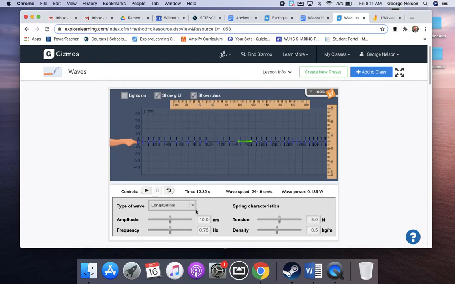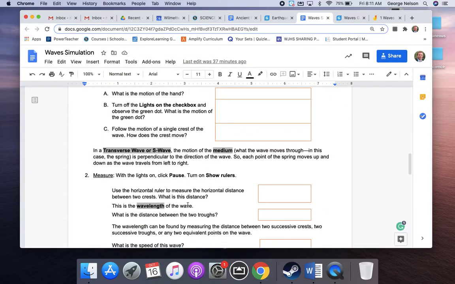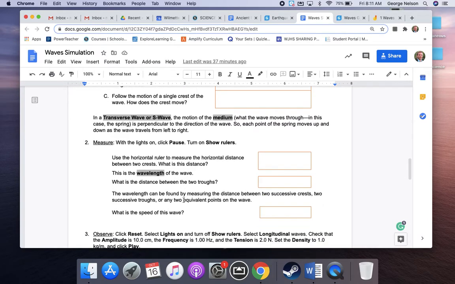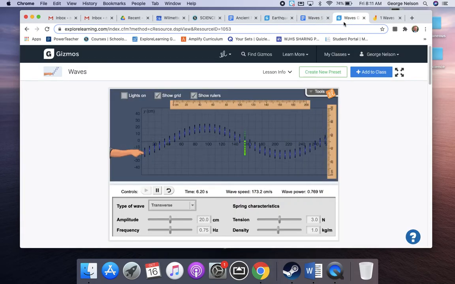So if I change it to a longitudinal wave, then use a ruler and measure the distance of a wavelength. What is the wavelength of the wave? What is the distance between two troughs? What is the speed? How do you measure a wavelength?